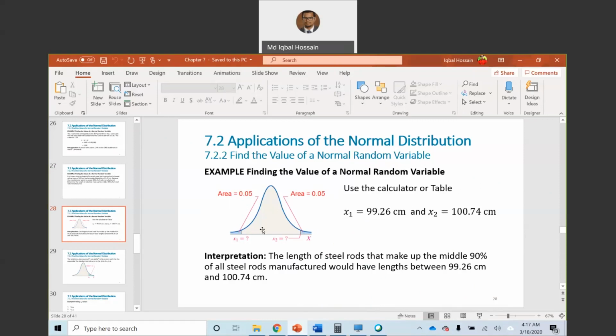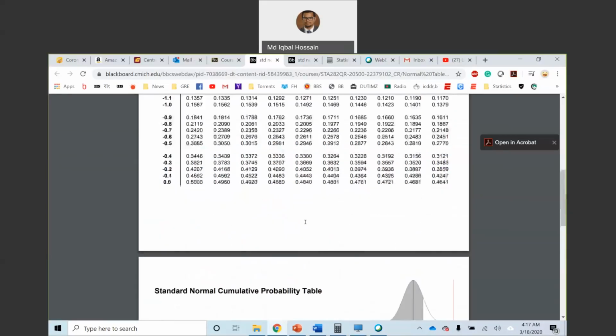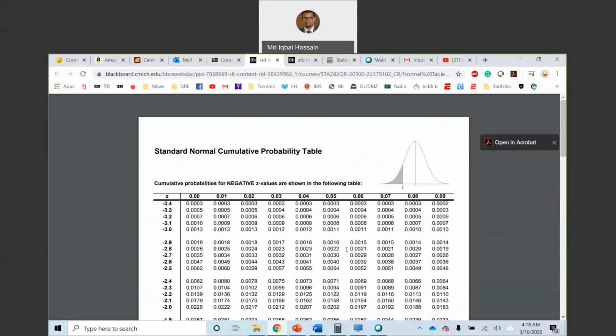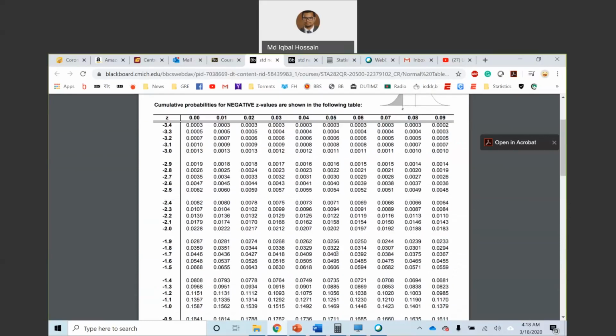For the area 0.05, let's find the area from the normal table. We get an area which is 0.05.